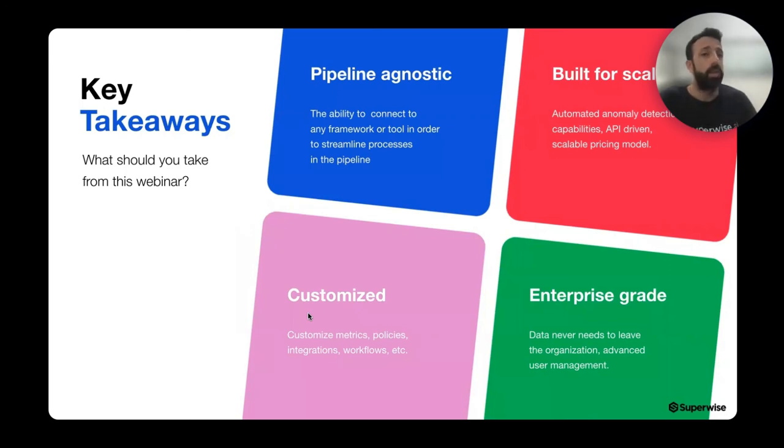Each use case at each company requires different metrics on different entities. Not only different metrics, but also different customized policies, integration, and workflows. So this is a key. And enterprise grade, even if you're not an enterprise, you do want your data to stay safe, and you do want, again, to be able to scale up when required.